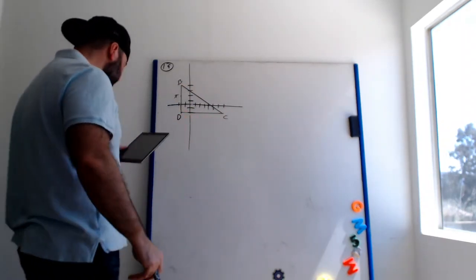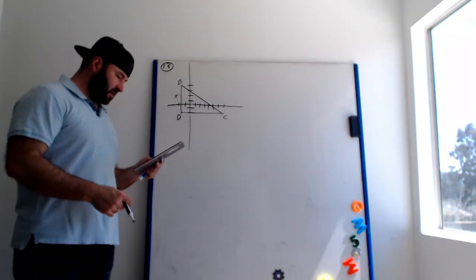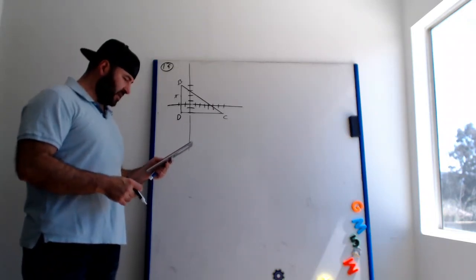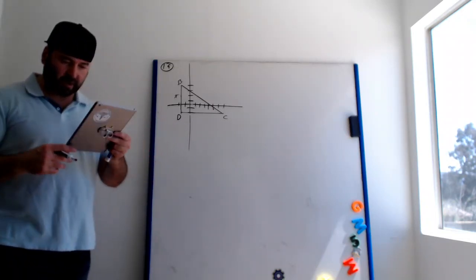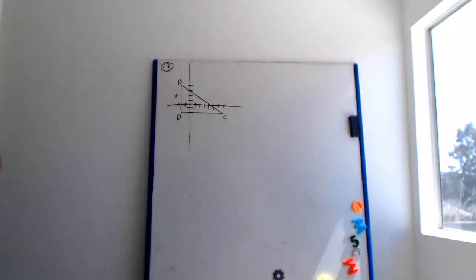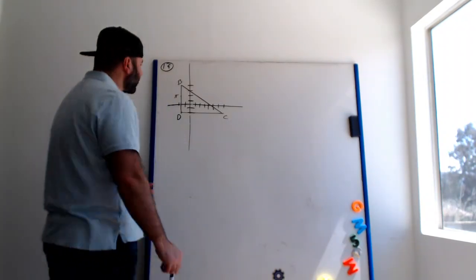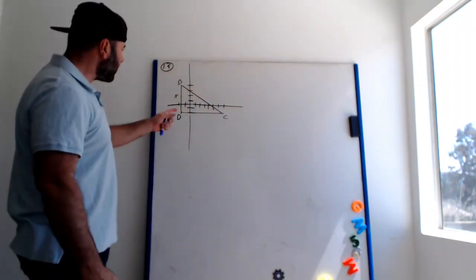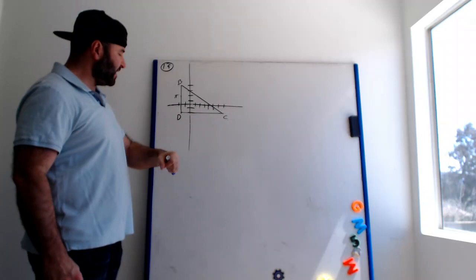And what they asked me was to draw a line that is parallel to BC through point A. Parallel lines have the same slope, so I need to figure out what the slope is for line BC.